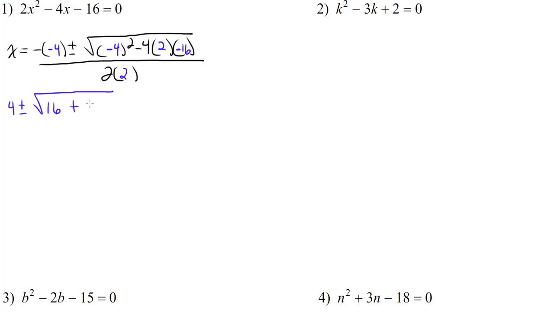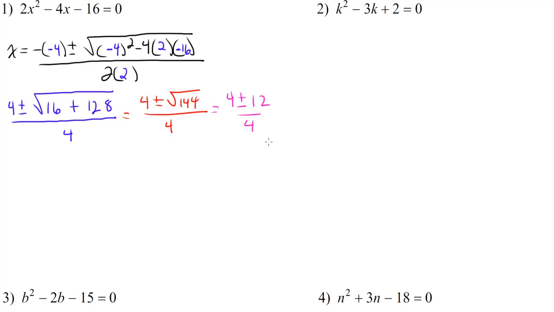So we have 16 plus 128 over 2 times 2 is 4. And we add 16 and 128 and we get 144. So 4 plus or minus radical 144 over 4. And we know that 144 is a perfect square. So this is 4 plus or minus 12 over 4.